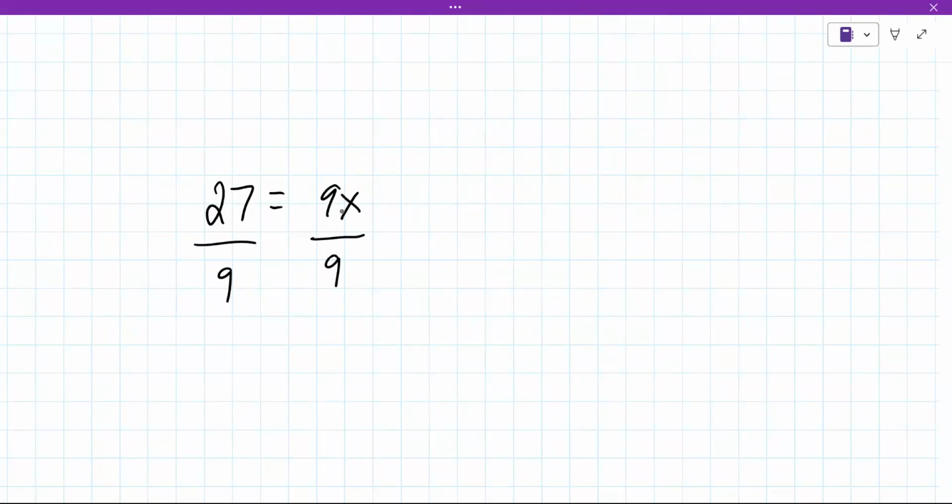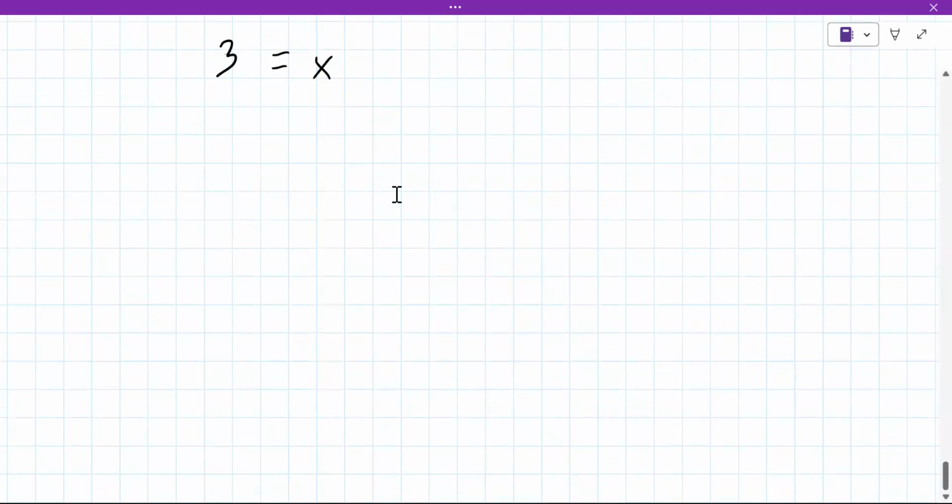And you always take it from the number with the variable? Yes, yes. So what is 27 divided by 9? 3. It is 3. Good.